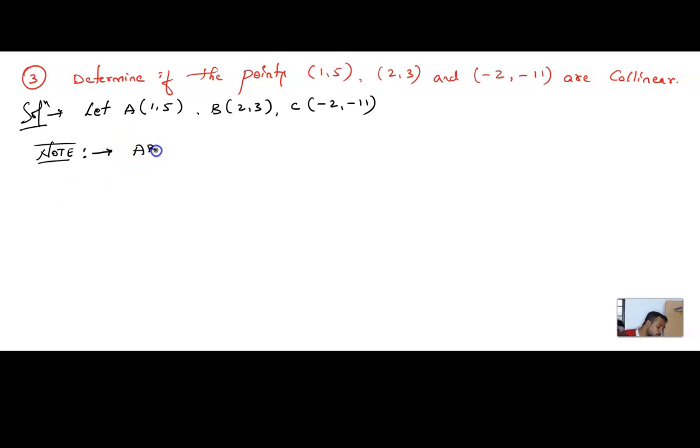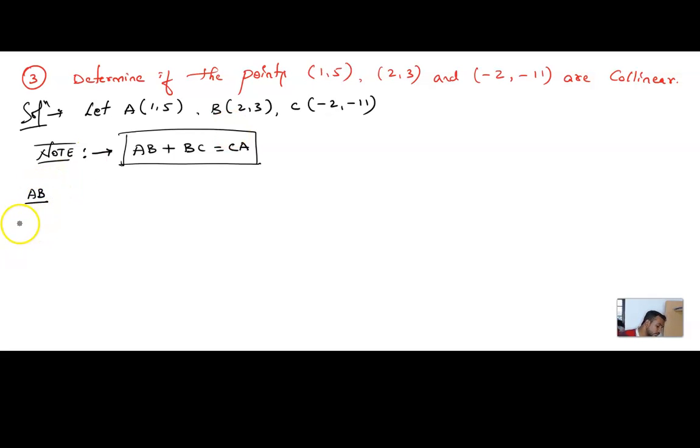The sum of two sides, that is AB plus BC, should be equal to CA or AC. The sum of two sides should be equal to the third side. If this condition is satisfied, then they are collinear. If this condition is not satisfied, then they are not collinear. Remember this.